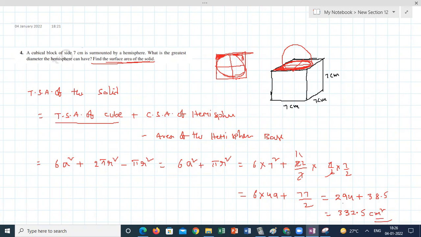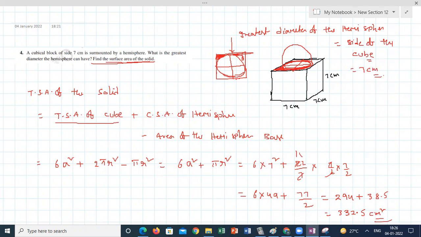From this diagram, we can say the greatest diameter of the hemisphere is equal to the side of the cube, which is equal to 7 centimeter.